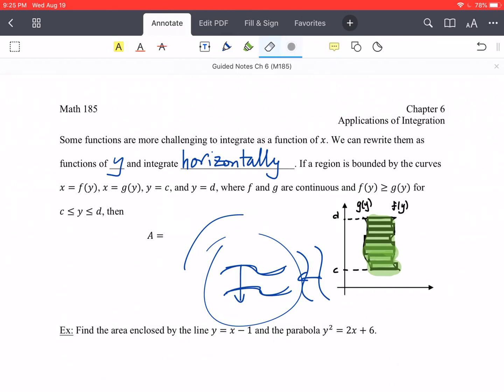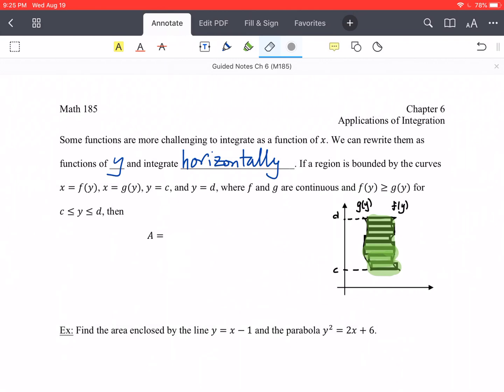Okay, so when we say top and bottom, what we really mean is closest to the axis and furthest from the axis. The quote-unquote top function is the one that's further away from the axis, in this case the y-axis here. So f is the further function, and g is the closer function.